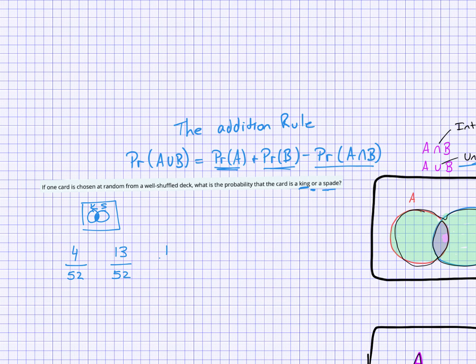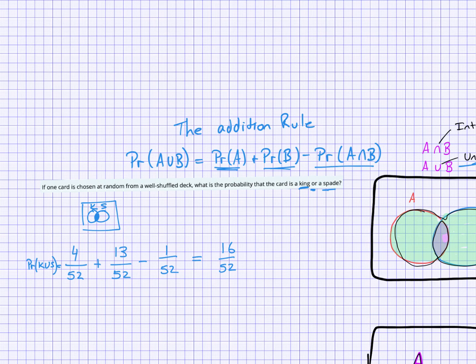So there's a 1 in 52 chance that I'll get the king of spades because there's only one of them. So this is the addition rule in action here. And I can write it here, king union spades. All right, so I'm going to have 4 in 52 plus 13 in 52, take away 1 in 52, and that's going to give me 16 in 52 chances of having a king or a spade.